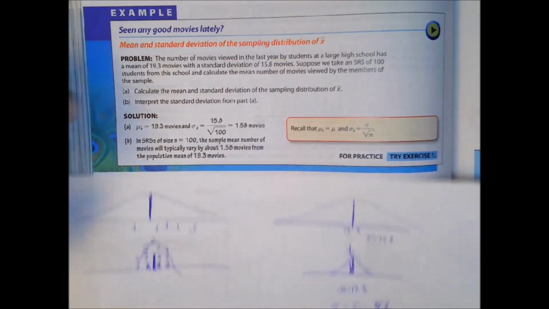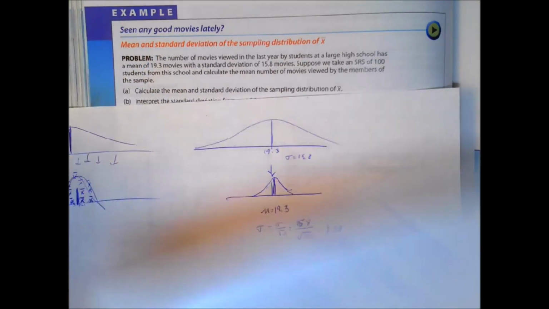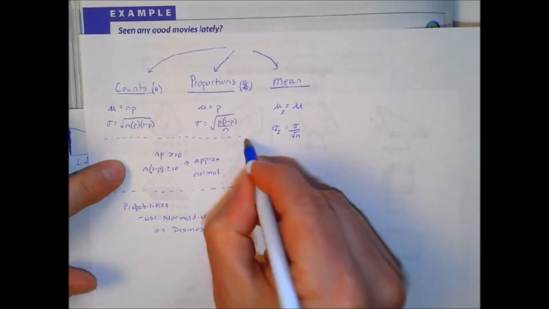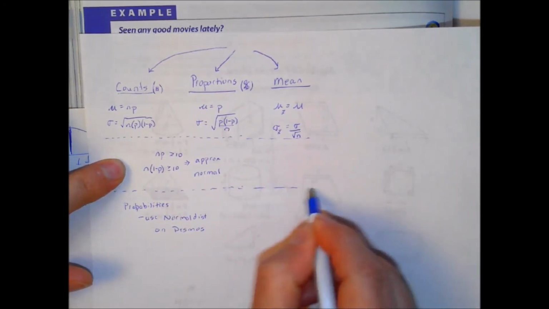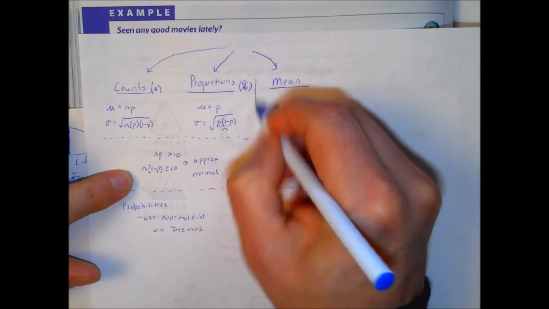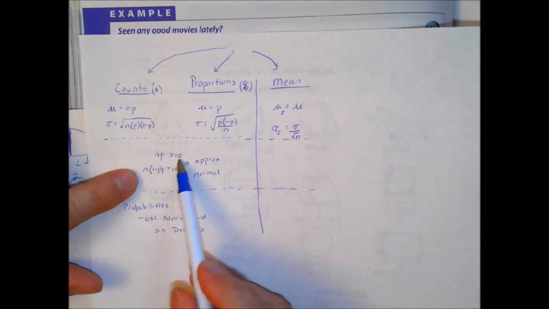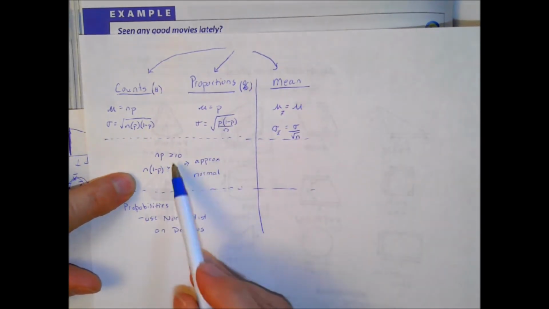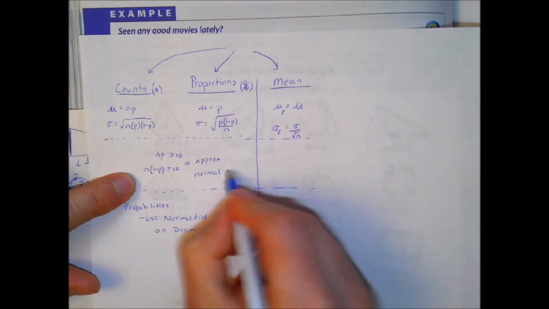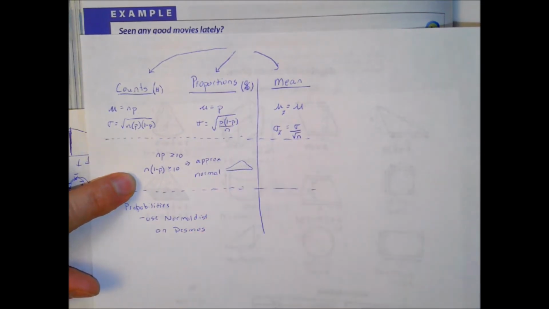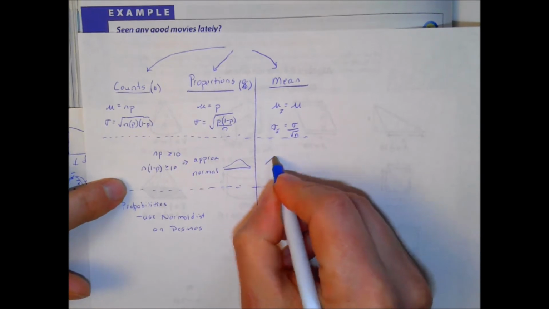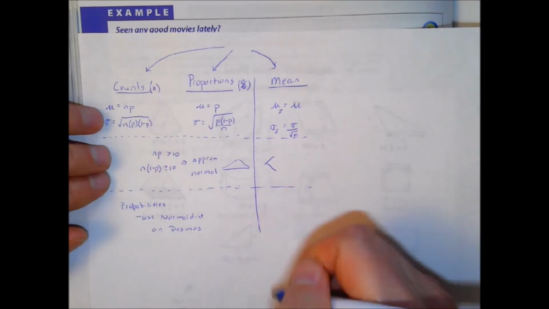Now, let's talk about shape. Okay, we had said that if n times p and n times 1 minus p is greater than 10, it's approximately normal. Okay, and then we can have our approximately normal shape, right? Now, here we're going to talk about two different things, one today and one tomorrow.